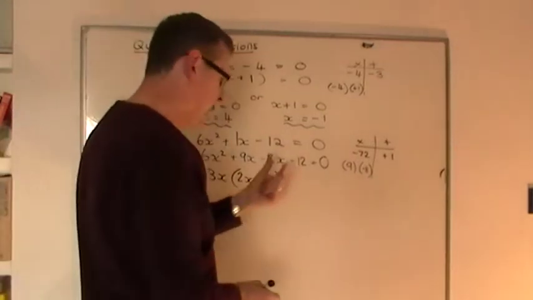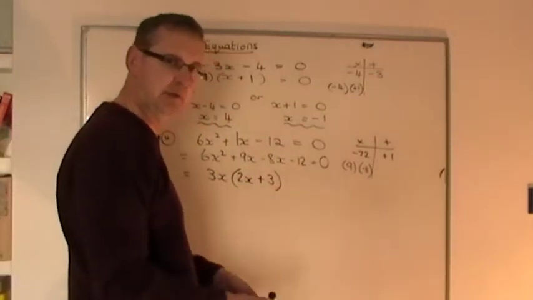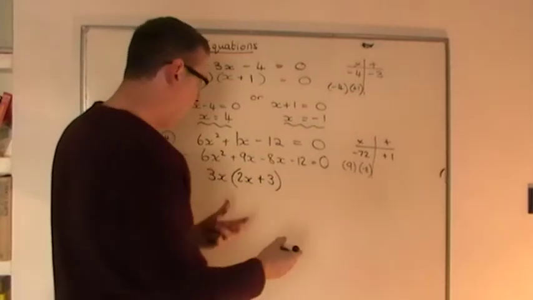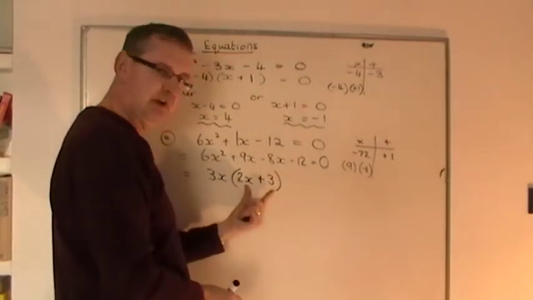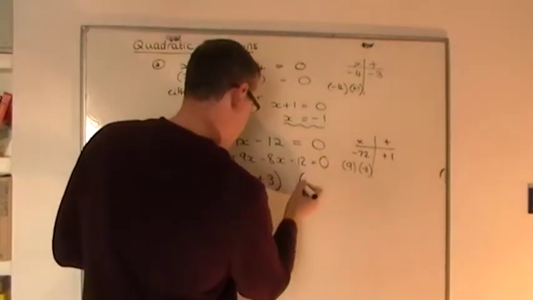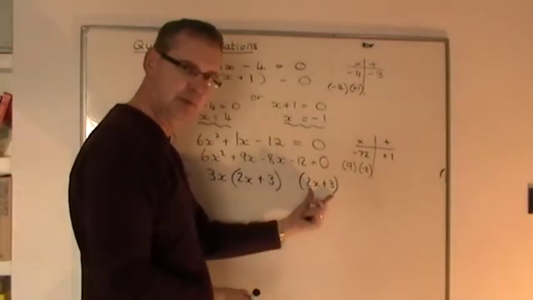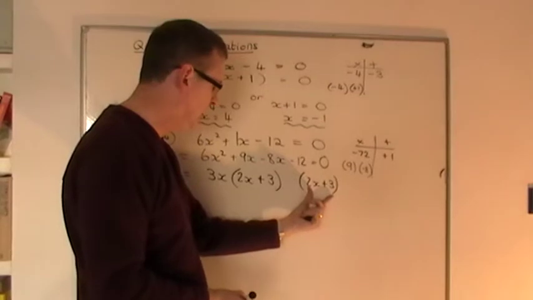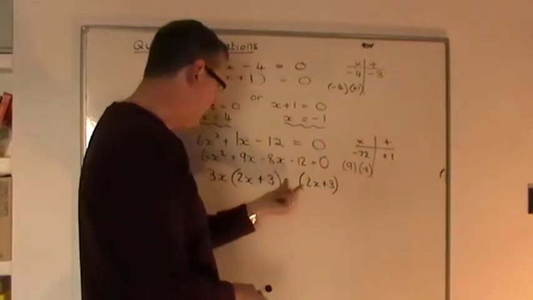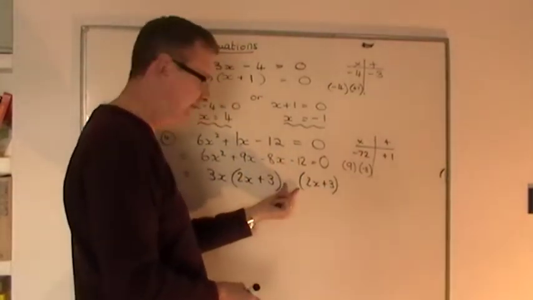Now we take the second two terms and we do the same sort of thing. We take out a common factor. But remember, once we've already got this bracket here, 2x plus 3, you know automatically that the second bracket we're going to get must also be a 2x plus 3. So if you know that, it now becomes really simple to figure out what the common factor is.